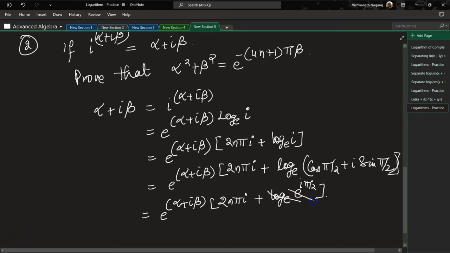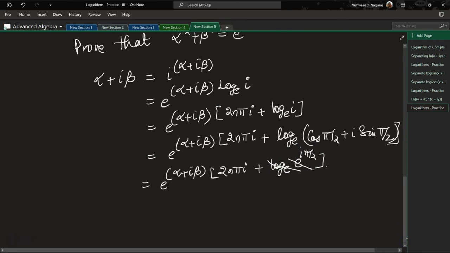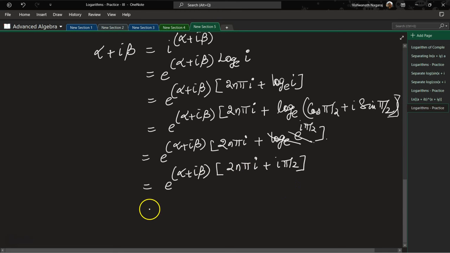Log and exponentiation get cancelled out. So we are left with e to the power of alpha plus i beta times 2n pi i plus i pi by 2. Let's multiply this.